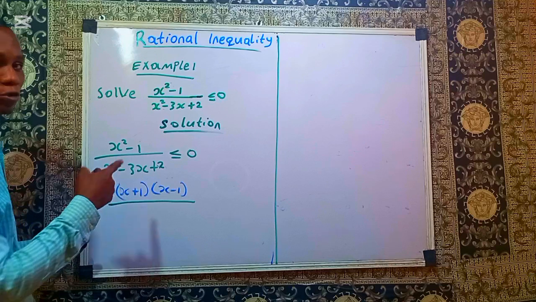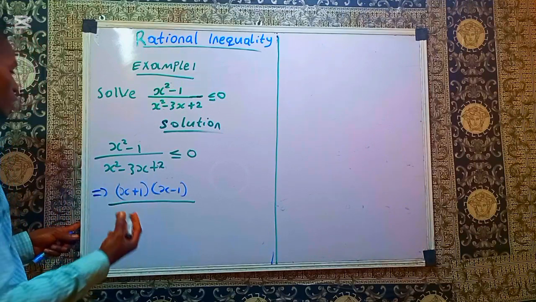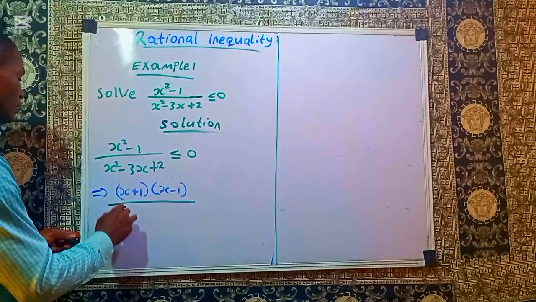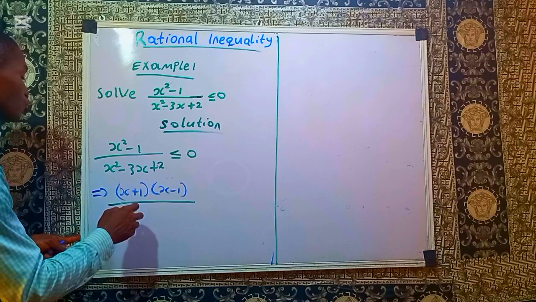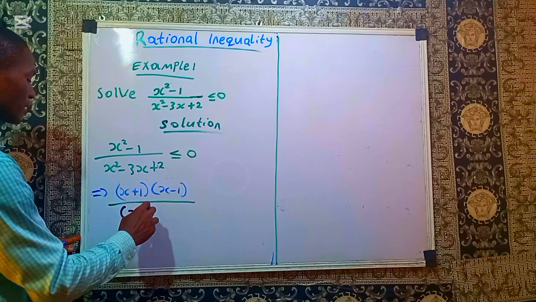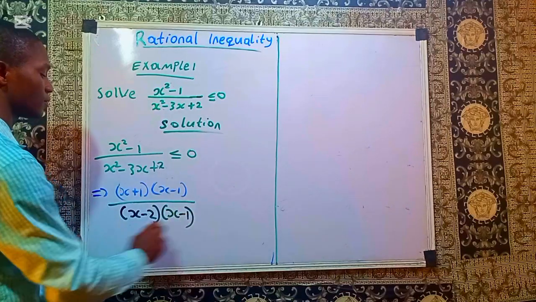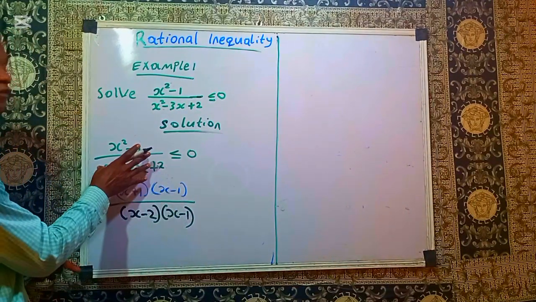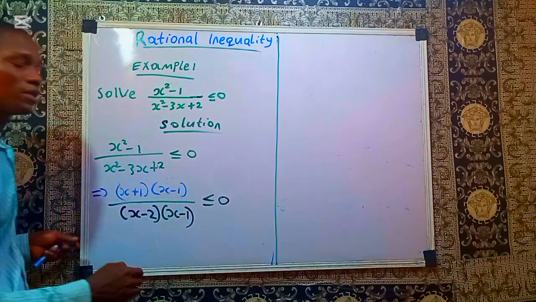You are going to use the method of factorizing a quadratic expression, and if you do that, x squared minus 3x plus 2 will be equal to x minus 2 multiplying x minus 1. So this is the factorization of this, then less than or equal to 0.